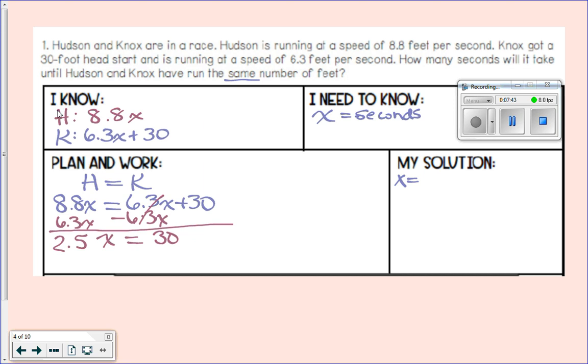What's our next step? 5 plus 5. Got it. 5 by 2.5. 30 divided by 2.5 is? Sam? 30 divided by 2.5 equals 12. Okay, what does 12 mean? 12 seconds. Good. X equals 12 seconds.